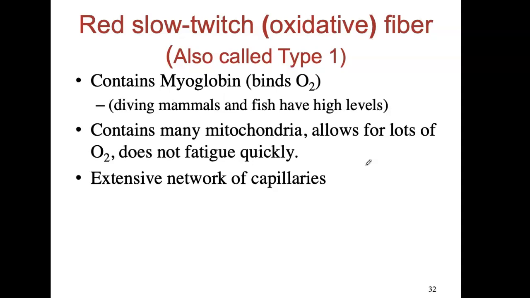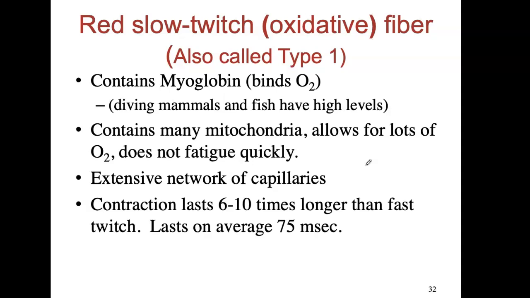By having lots of capillaries, it'll bring lots of blood, and by bringing lots of blood, it'll bring lots of oxygen. The contraction lasts about 6 to 10 times longer than the fast twitch. In order to first contract and then relax, it's going to be much longer. It's about 75 milliseconds, which is still crazy fast, but it is longer than the fast twitch fiber.